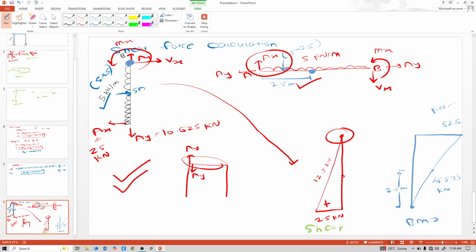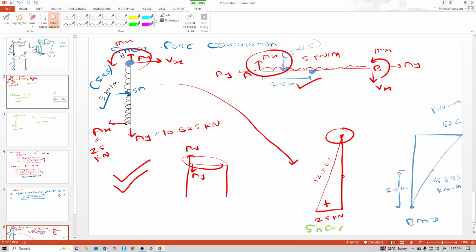Unit is kilonewton meter. Here it is positive.